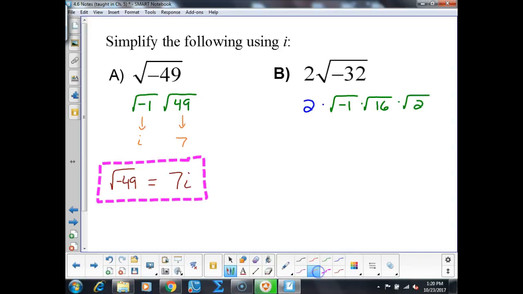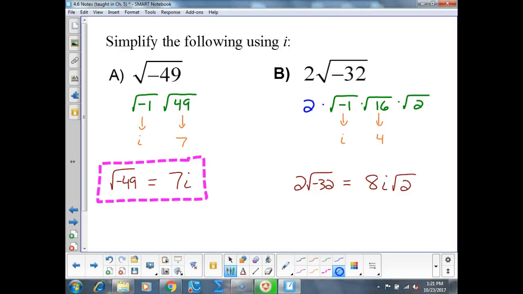Okay? So this one becomes i. This one becomes 4. So in the end, 2 times the square root of negative 32 simplifies to be 8i times the square root of 2.